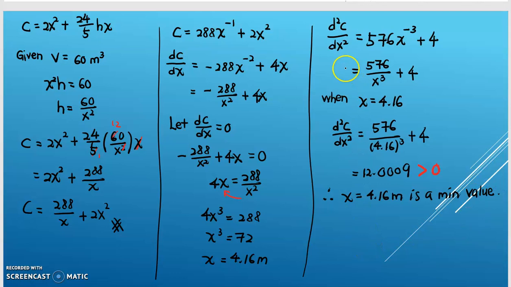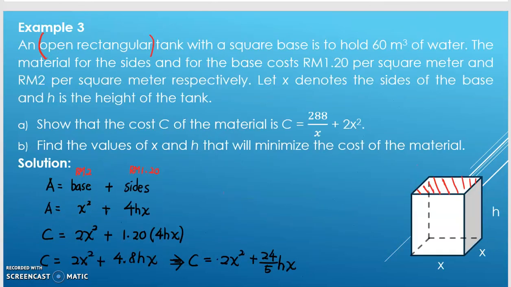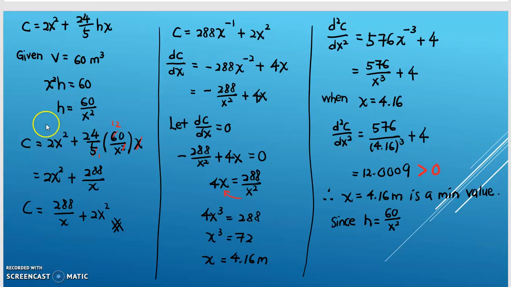Next I will try to find the value of h. Since h is equal to 60 over x squared, you can refer to this one, h will be equal to 60 over x squared, where my x is 4.16 to the power of 2.